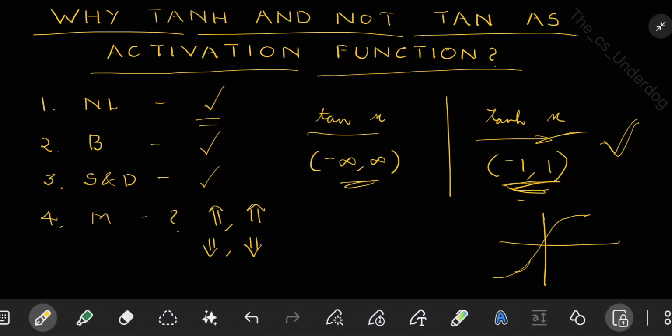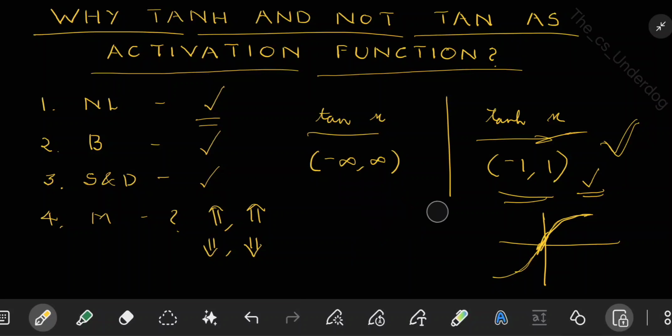This is a monotonic as well as smooth differentiable function, right? You already know that it always squashes the input between minus 1 and 1. What does this do? It keeps your values controlled. It will be numerically stable. Gradients will be smooth. But what about the tan case? Here the gradients will explode. Outputs will oscillate. So this will kind of break your training completely, right?